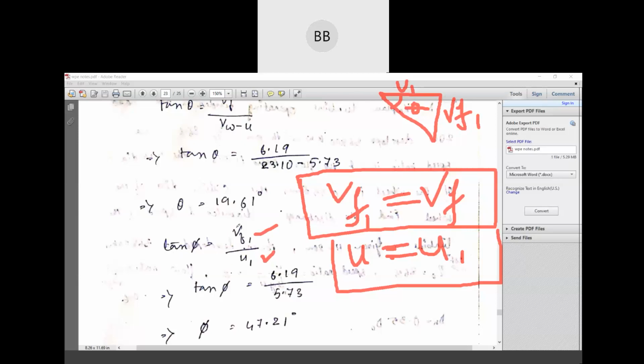So we take tan phi as perpendicular by base, and you find out the phi value, that is 47.21 degree. Done.